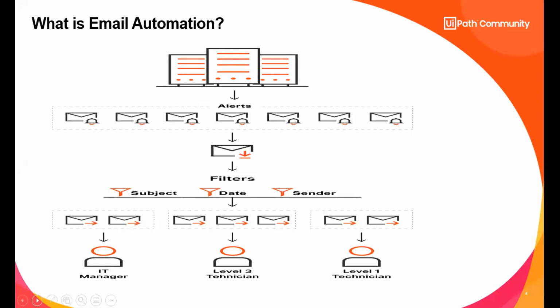If there are huge communications that are going to spread across an organization, then we need to split those alerts based upon the management level. For example, some emails need to go to the IT department, some emails need to go to the technician, some emails go to the admin team. Based upon the subject, date, or the sender, we can filter out the emails.